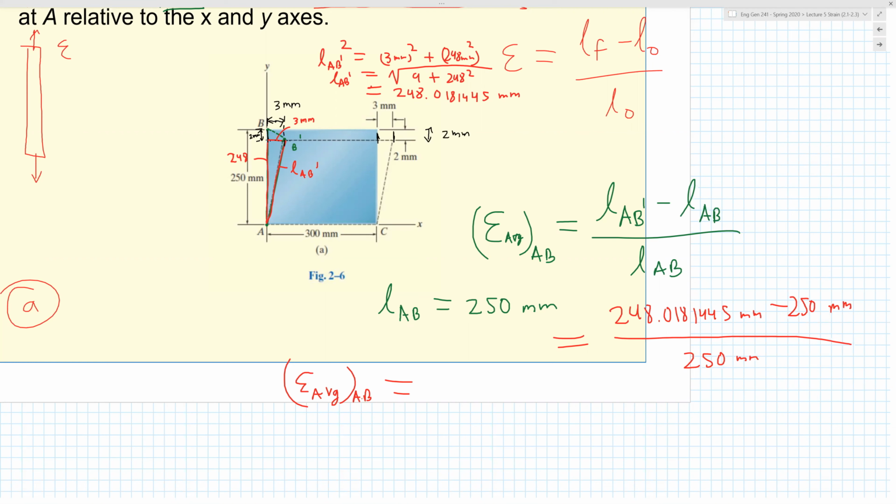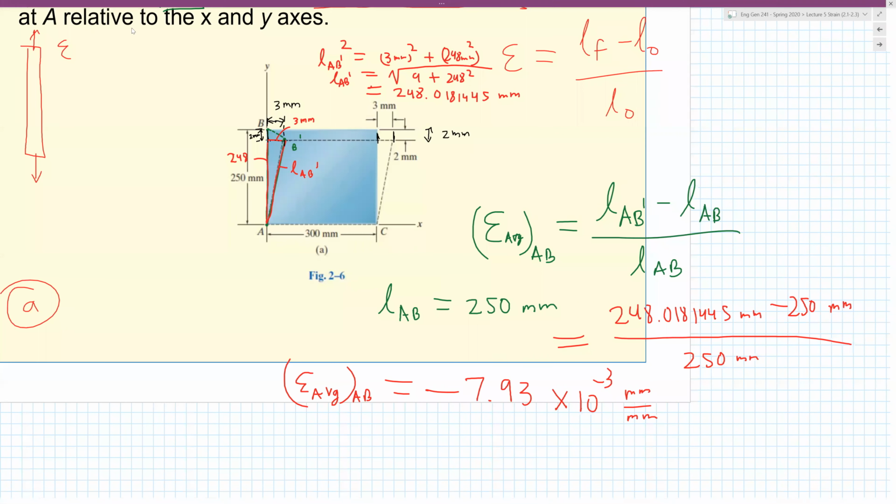I'm going to go with that 7927. Thank you. So it's going to be negative, right? Negative 7.927, so this could be 7.93 times 10 to the minus 3 millimeters over millimeters. It's unitless. I'm preserving it.